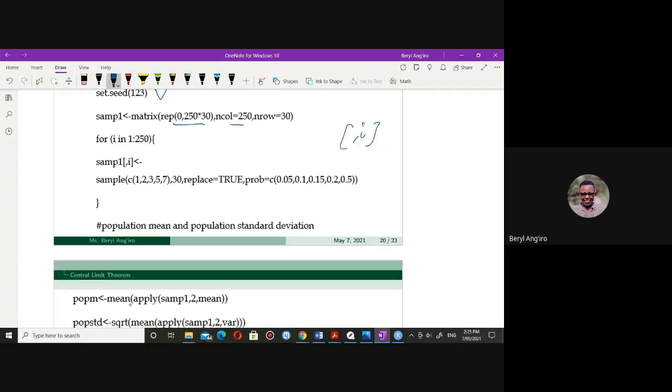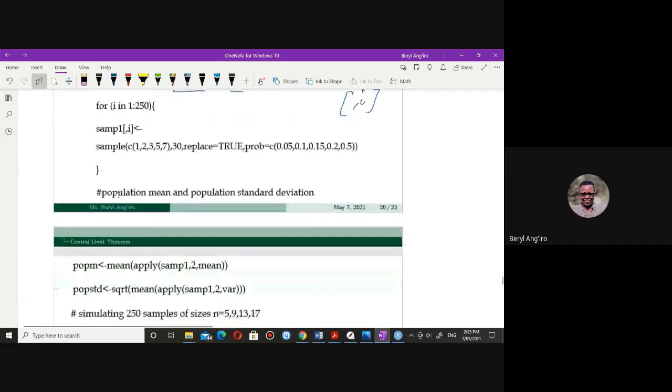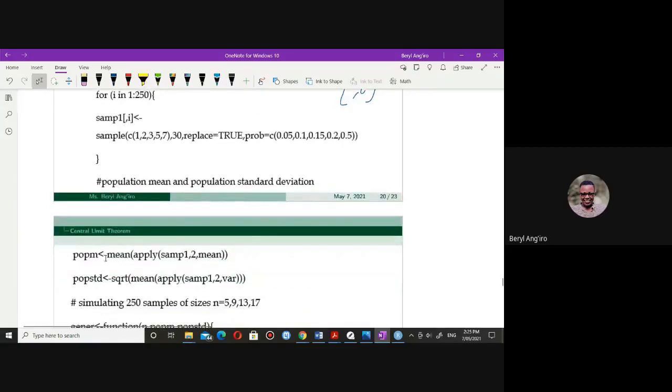So this is picking all the values in the ith column. So this sample, and we have 30 with this specific probability. The population mean and the population standard deviation, we can also specify, that population mean is the mean using the apply function on the samples, and the standard deviation the same.